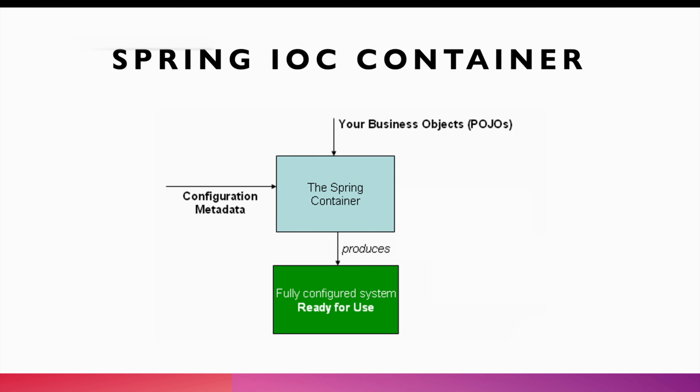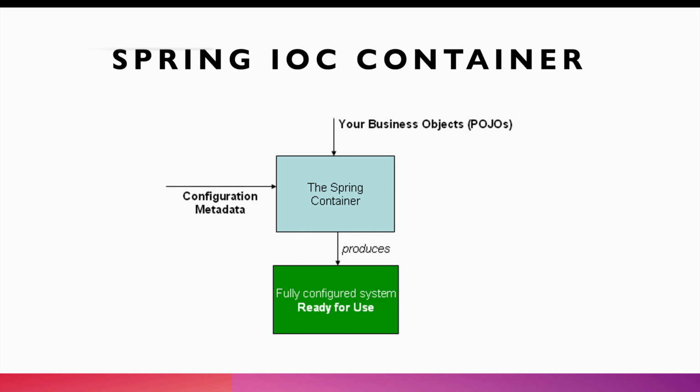Instead of writing new MyObject in your code, the object is created by someone else. This someone else is normally referred to as an IOC container. Inversion of control means giving control of creating and instantiating the Spring beans to the Spring IOC container, and the only work we as developers do is configure the beans in the spring.xml file.